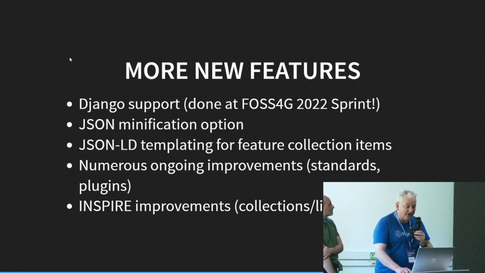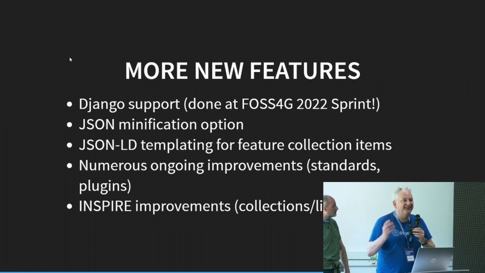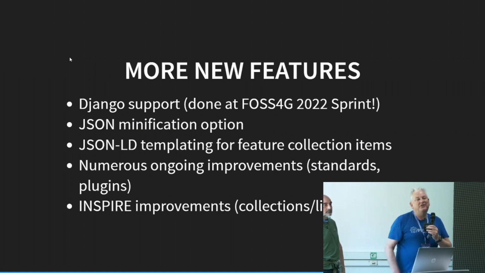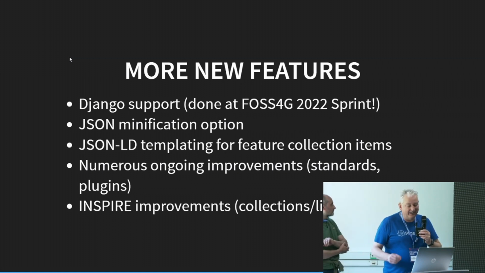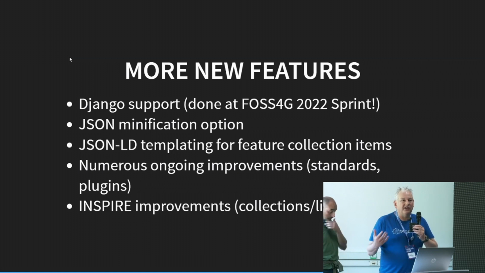More new features: Django support, JSON minification option, JSON LD templating. And Inspire. That was also part of the GeoNovum tender, and collection links, but also most importantly, what is called enclosures, which allows you to download an entire data set.